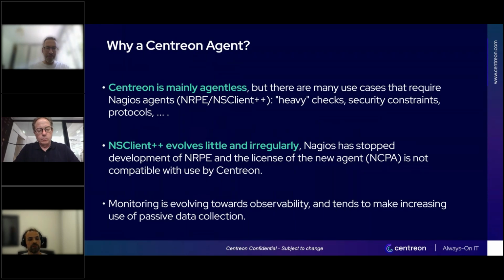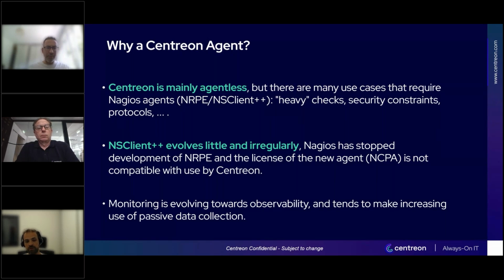Why did we develop a Centreon agent? We know that Centreon is mainly agentless. It's still the case. We are monitoring resources using pollers, which execute checks and send the data to the central. But in a lot of cases, you need to use agents.